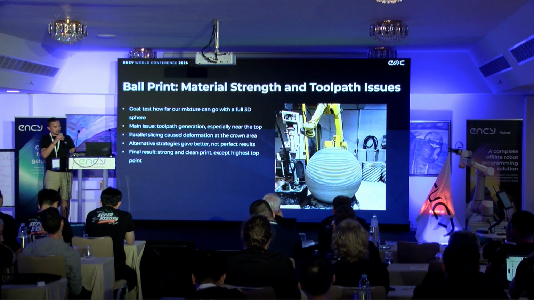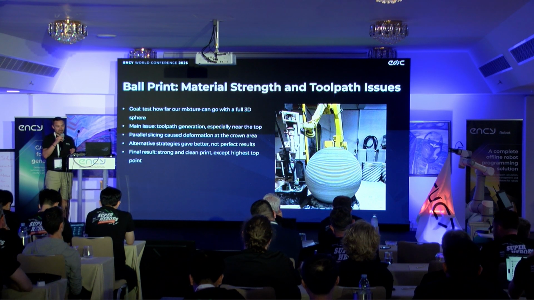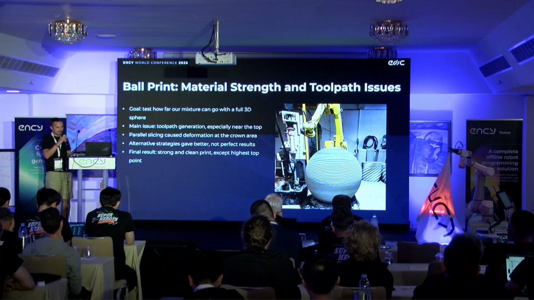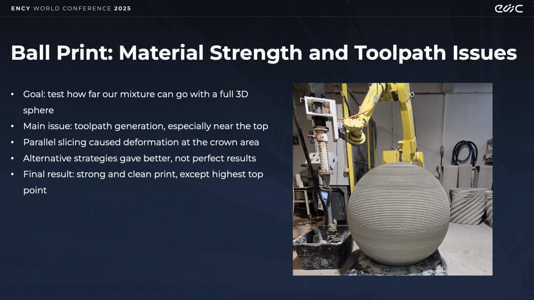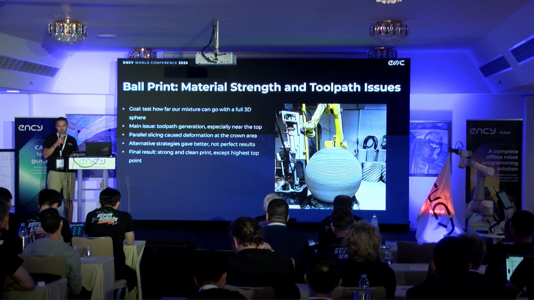The next project, which was also special, we tried to print a sphere. It is a sphere, hollow inside, nothing inside, and it was printed from zero. Here we faced some small issues.